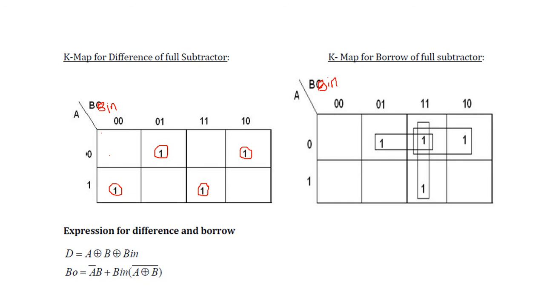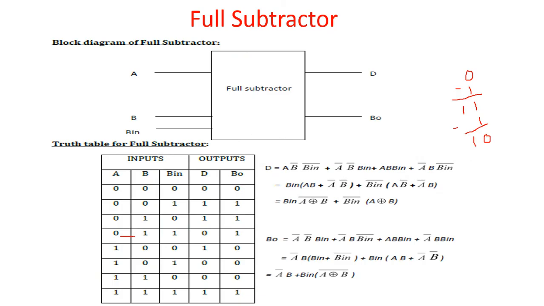Next one is K-map for borrow of full subtractor. Check the ones, which input is 1. So for the first cell value 1, second cell value 1, third cell value is 1, and seventh cell value is 1.